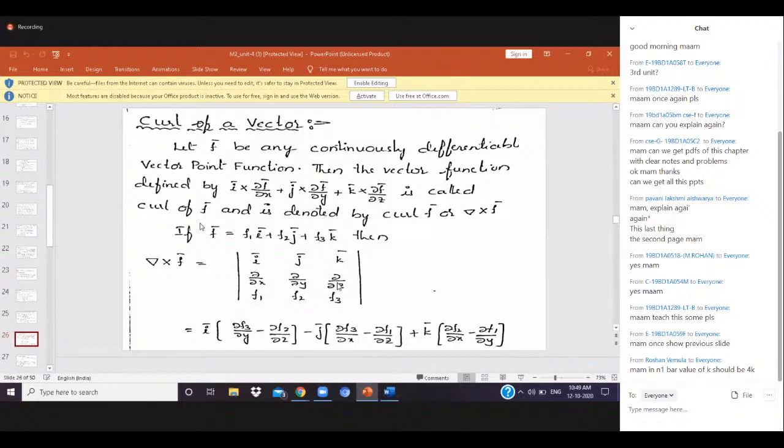This is how you evaluate the determinant. In the same way here we are evaluating, but the i bar, j bar, k bar coefficients are also there. So instead of writing minus j bar, you can write ∂f1/∂z minus ∂f3/∂z also. It is a correct process instead of writing the minus.